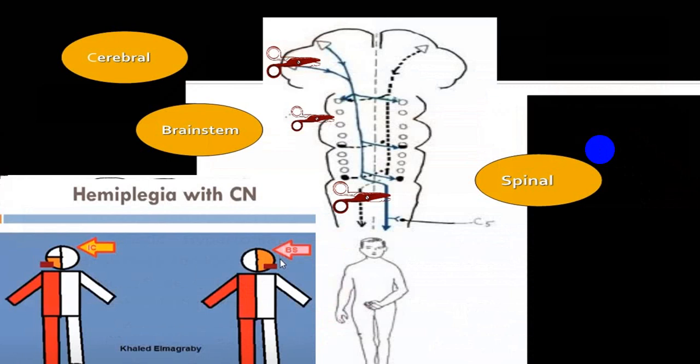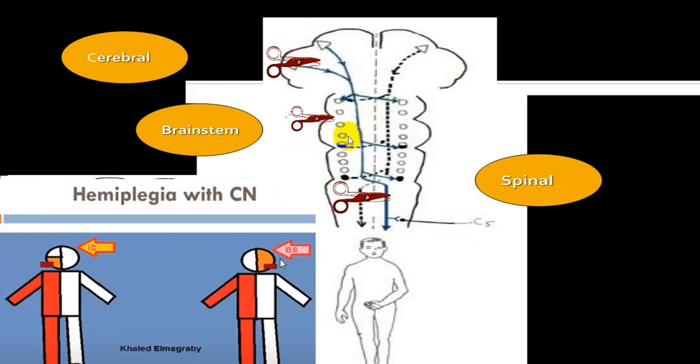So now we are going to discuss the most common finding in a stroke, which is hemiplegia. It can be because of cerebral damage, brainstem damage, or spinal cord damage. We divide it into three big groups. In cerebral, it will always be on the opposite side with upper motor neuron facial and upper motor neuron hypoglossal involvement.